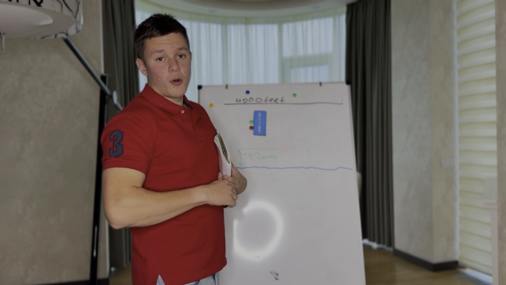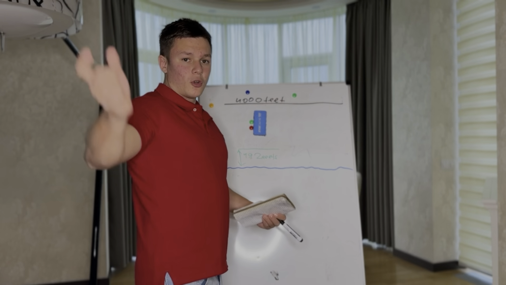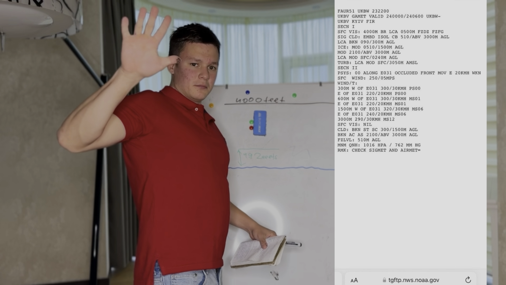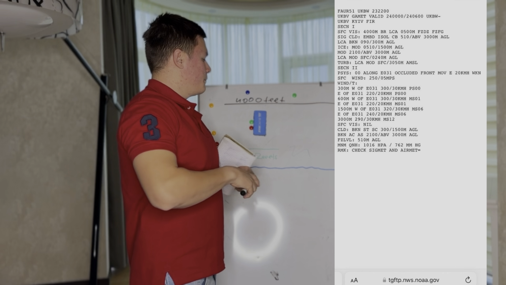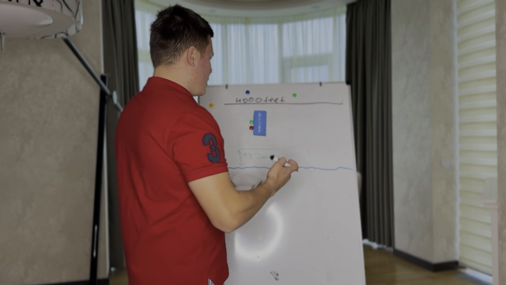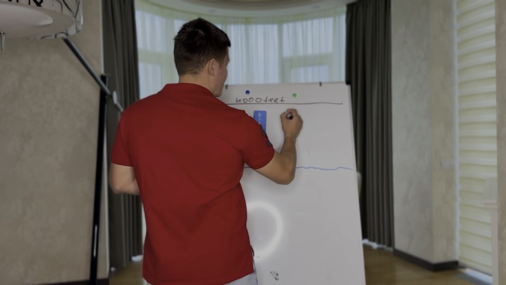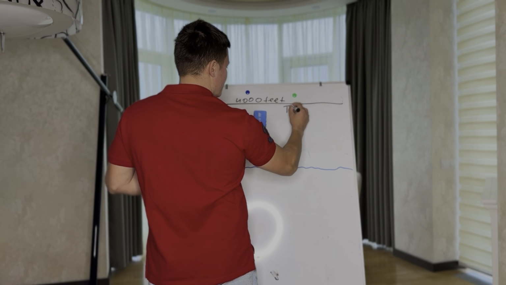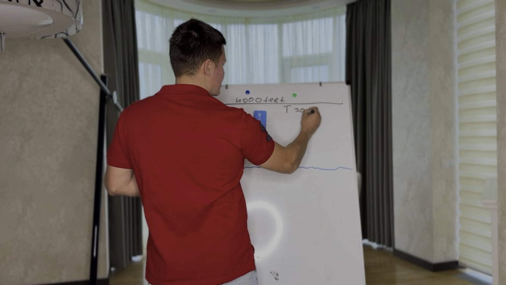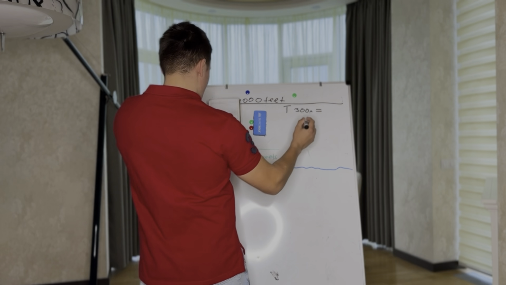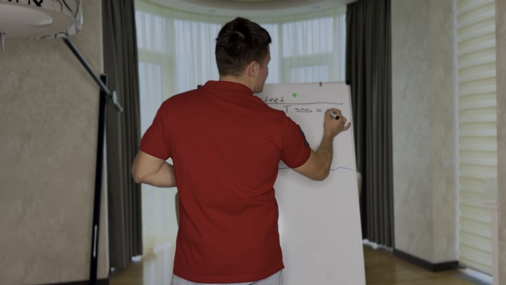According to the GAMET forecast, which I will show on the screen, the temperature at the altitude of 300 meters will be 0 degrees.